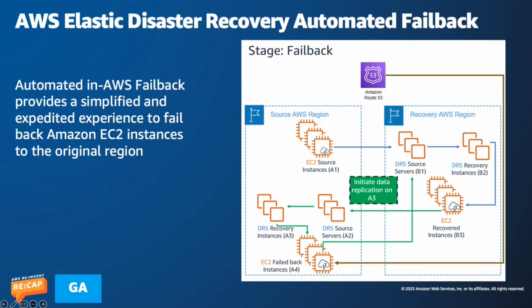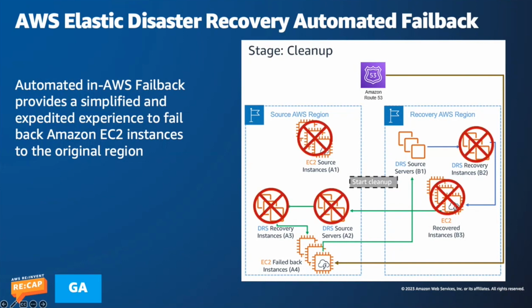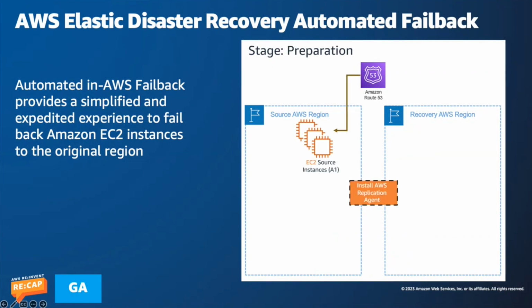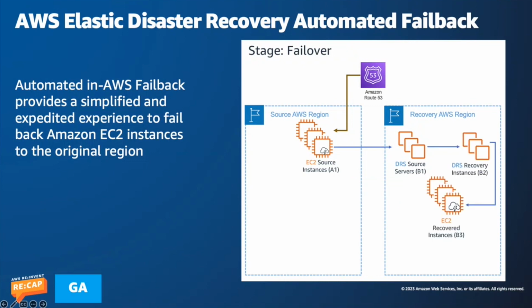So in other words, the new automated support provides a simplified and expedited experience to fail back to EC2 in the original region, and both failover and failback processes for on-premises or in-AWS recovery, as you guys are seeing in this slide deck.